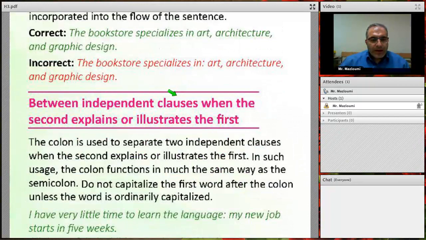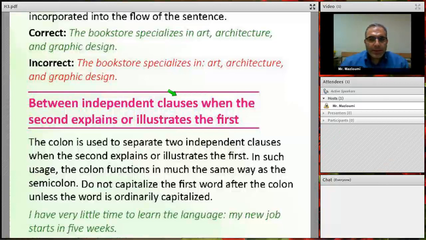The second grammatical use is between independent clauses. Before we deal with it, I need to explain the difference between a dependent clause and an independent clause.